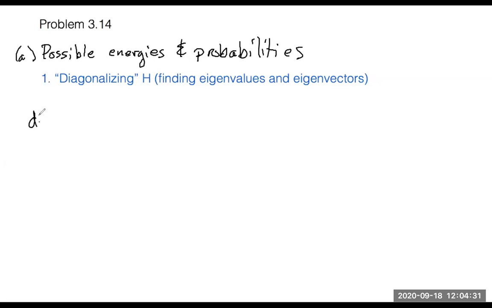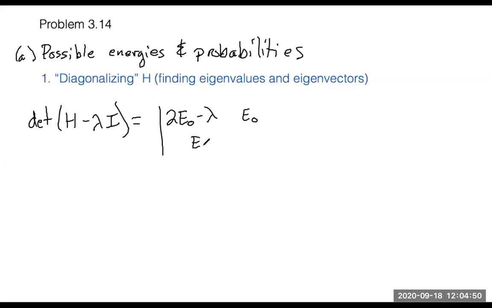We're going to take the determinant of H minus lambda times the identity matrix, where lambda is going to be the eigenvalues. So this is going to be 2E naught minus lambda, then E naught, E naught, 2E naught minus lambda.